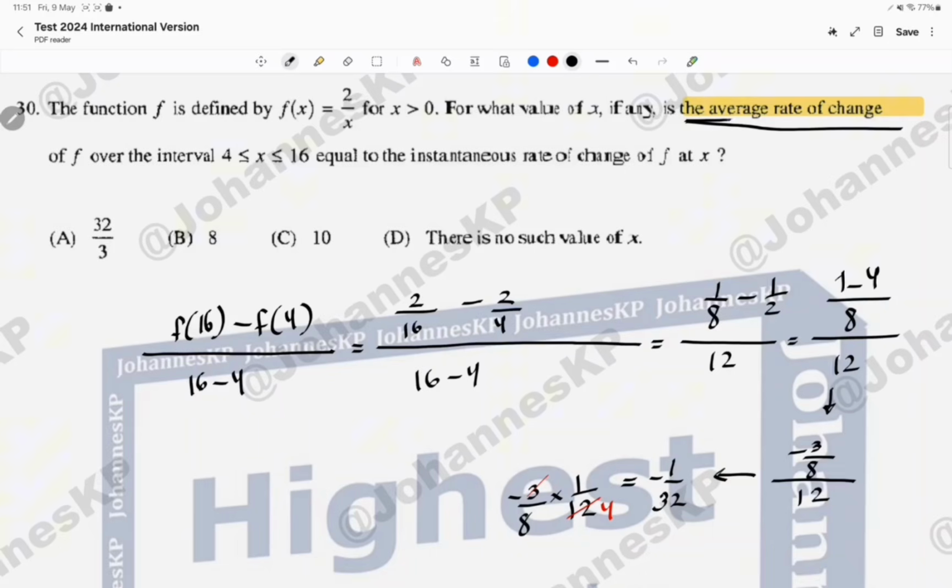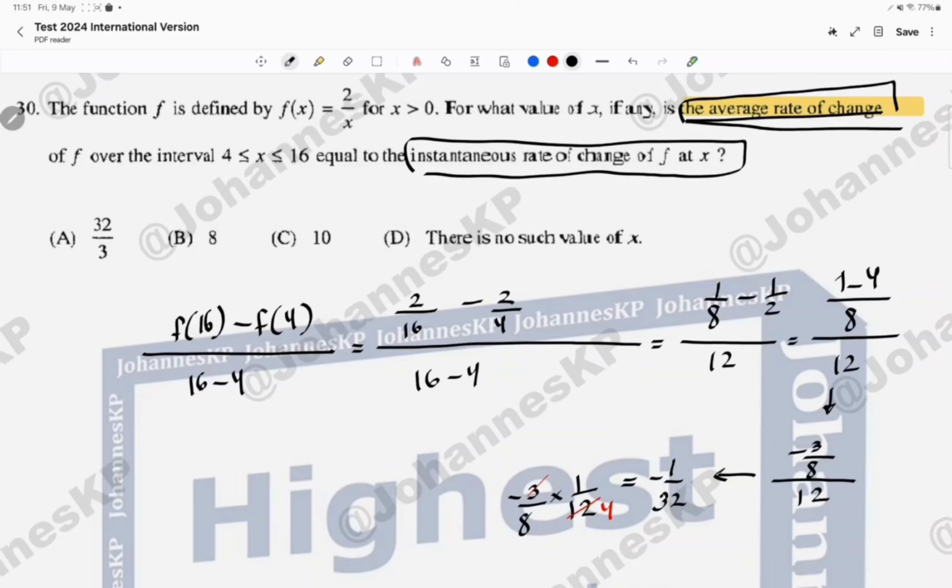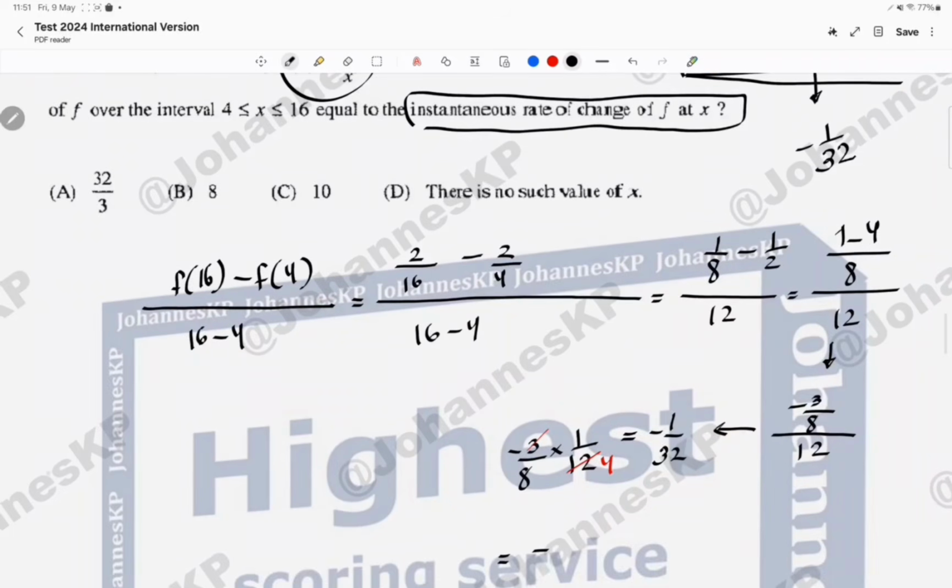Now, this is the average rate of change. The question says, for what value of x is the average rate of change equal to the instantaneous rate of change? So the average rate of change we just found to be negative 1 over 32. If it's instantaneous, that means the f prime. So now, how do you differentiate 2 over x? First, bring the x to the top, right? Yes. And now differentiate.